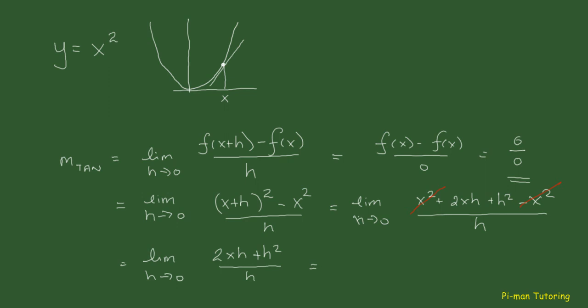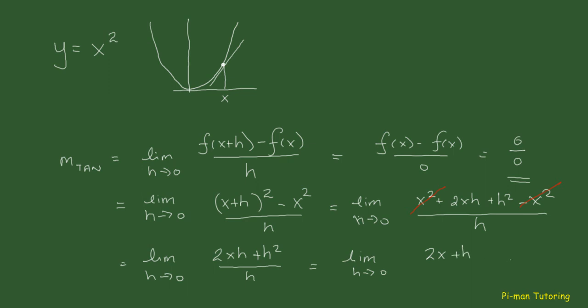And here's where it gets a little strange. We've got a common factor on the top and the bottom of h. And so we can divide all the terms on the top by h and the term on the bottom by h. And so we get the limit as h tends to 0 of 2x plus h.